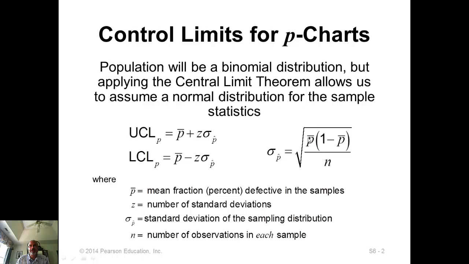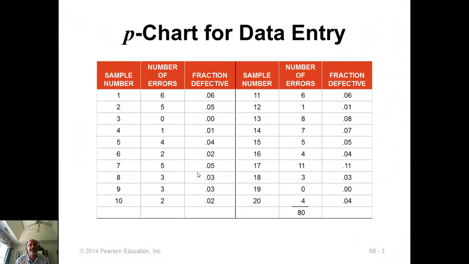Then you plug the P bar into this, you get sigma sub P hat, that is the estimate, and then you apply it into this formula. And Z, again, you'll use 3 for the 99.73% interval, or equal to 2 for 95.45% control limits.